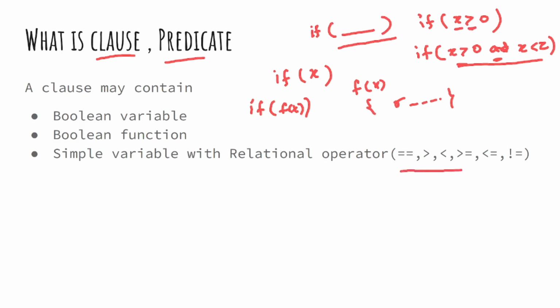So if you compare two variables, let's suppose whether x is not equal to y, this is going to give you true or false. If this is going to give you true or false, you can use it inside if or while. Here we have combined two simple variables by a relational operator.